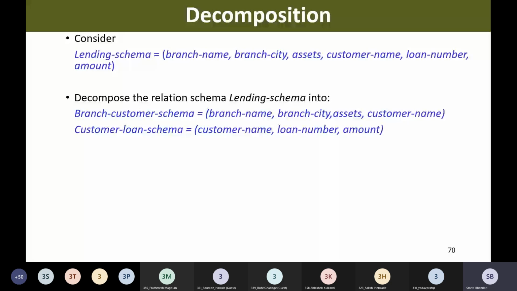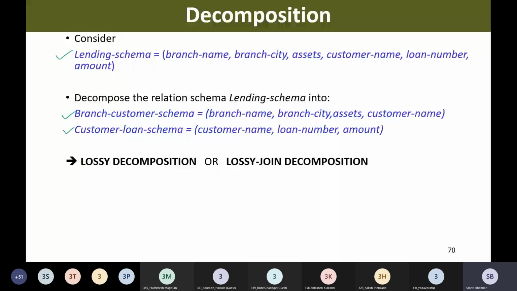We now conclude that this decomposition is a lossy join decomposition, because the original data is not being preserved as it is, right? So, we should be very careful while decomposing our relation.